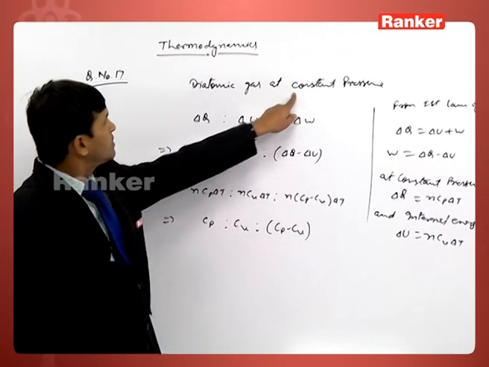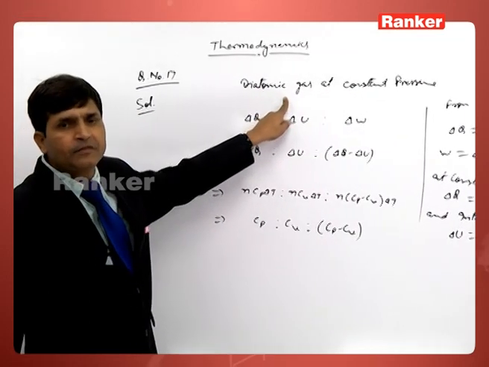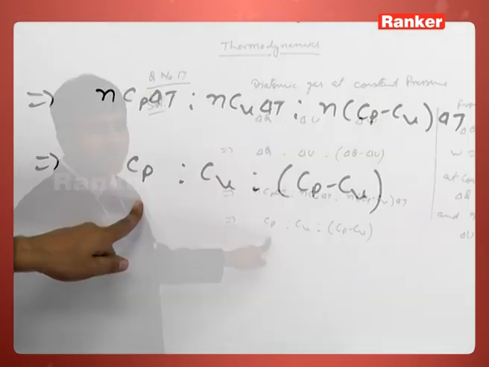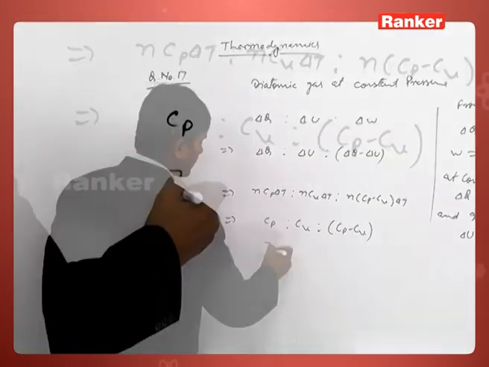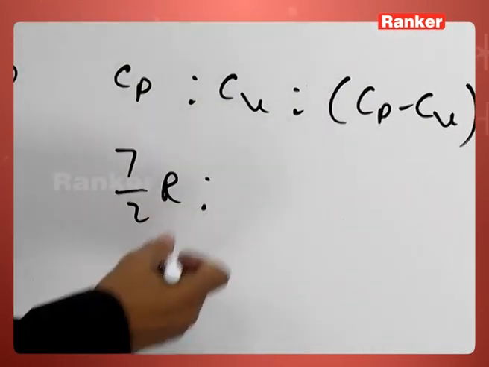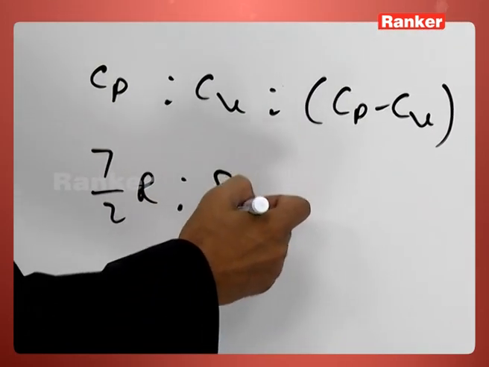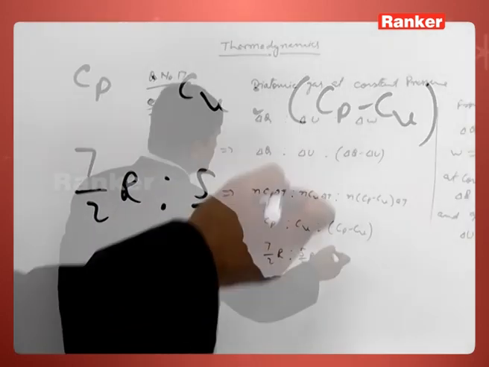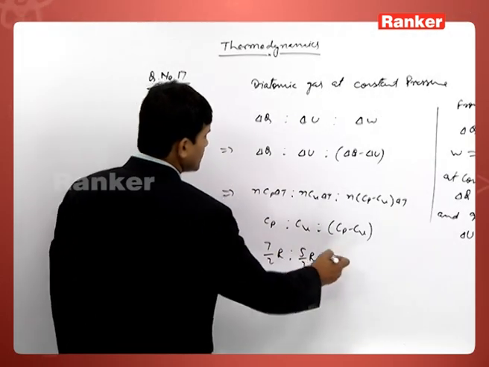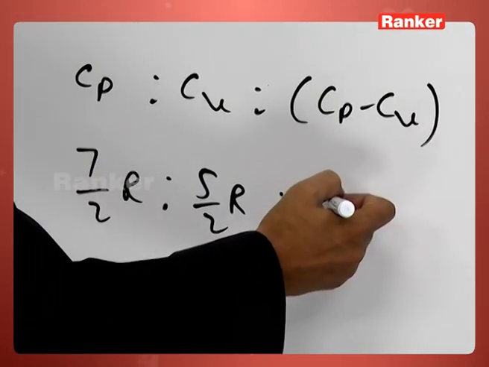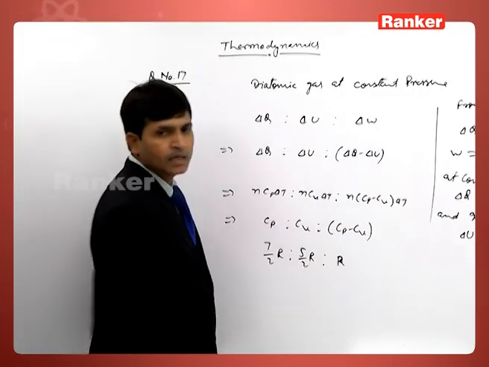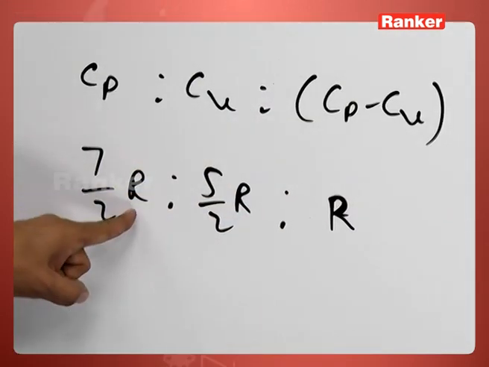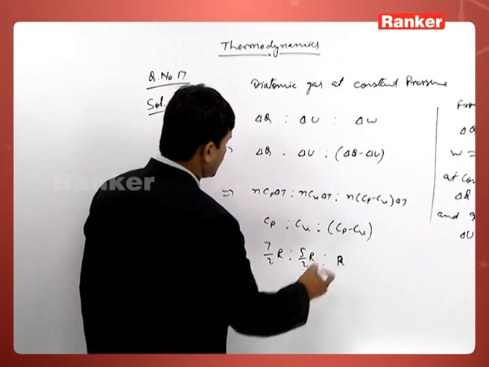For a diatomic gas, Cp is equal to 7/2 R, Cv is 5/2 R, and Cp minus Cv is always R. Cp minus Cv, 7R minus 5R, is 2R in these units.